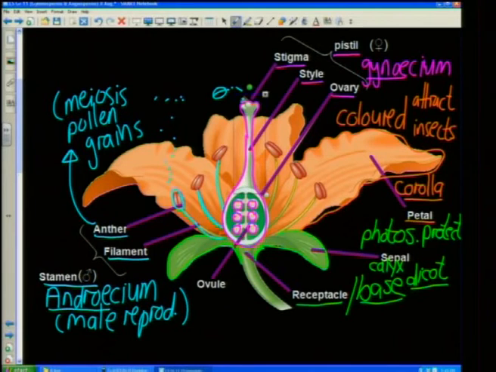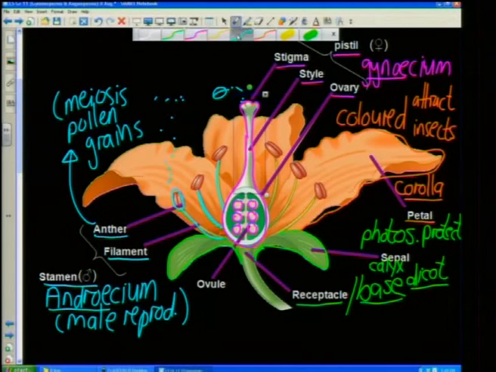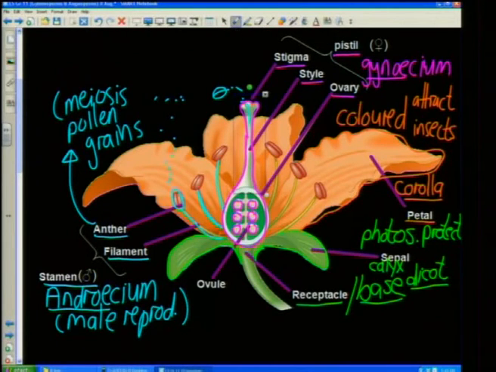They're going to grow a pollen tube, and the pollen tube is going to go right down, taking the male sex cells right to the ovule, and this is where fertilization is going to take place, inside those little ovules. Then, briefly explaining to you, these ovules will change into seeds.